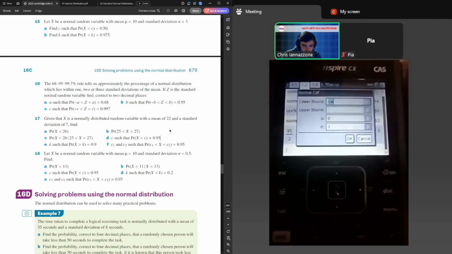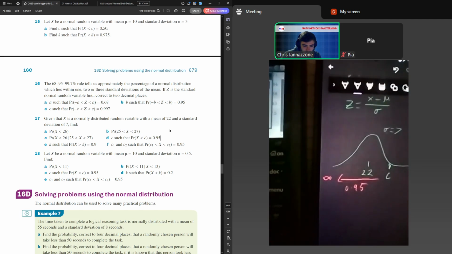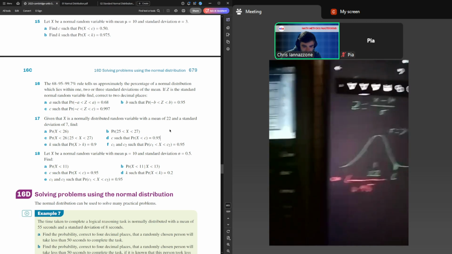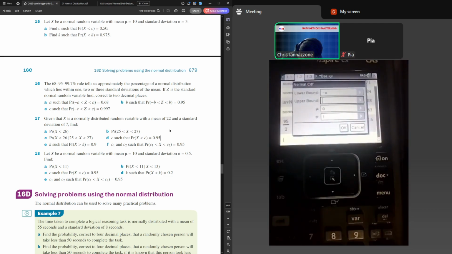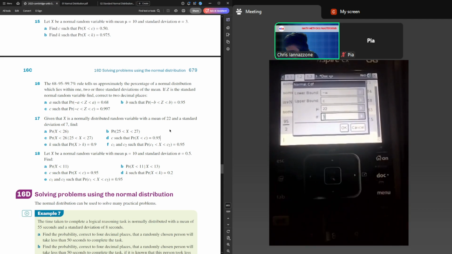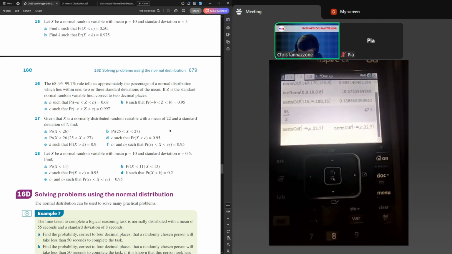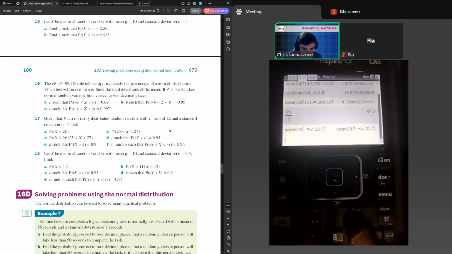Upper bound is where it gets a bit interesting, because upper bound is a letter, right? It's C. That's the unknown, and so you could put a C in there. Why not? We know the mean. The mean was 22. We know the standard deviation. That was 7. If we enter that, it's not going to do its thing, right? You've got some unknown in there.